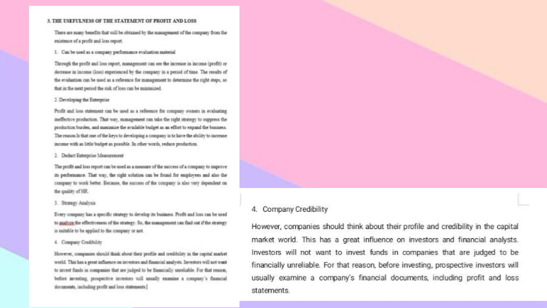The reason is that one of the keys to developing a company is to have the ability to increase income with as little budget as possible. In other words, reduce production costs.